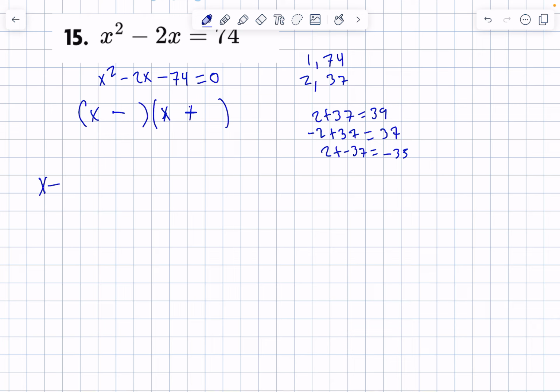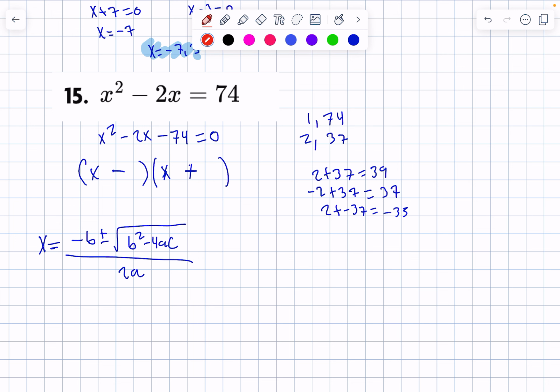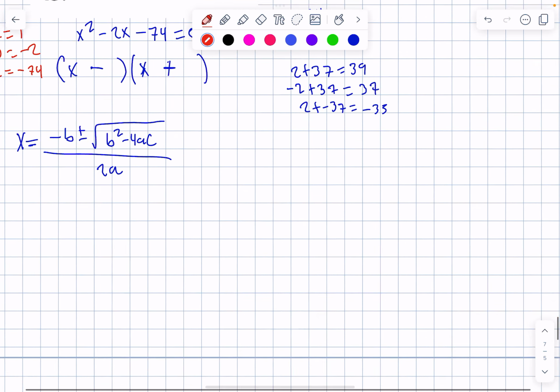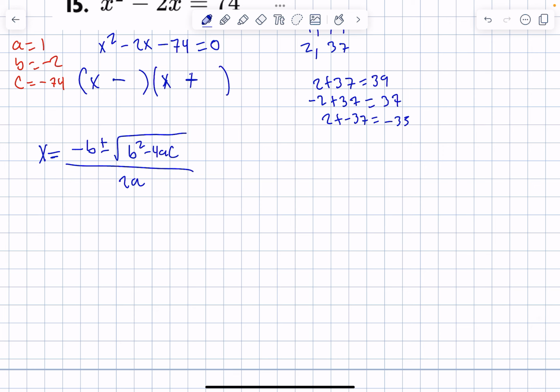So my quadratic formula: x is equal to -b plus and minus the square root of b squared minus 4ac, all over 2a. Now I do have this in standard form, but let's label everything. So a is 1, b is equal to -2, and c is equal to -74. Let's plug in everything we know.